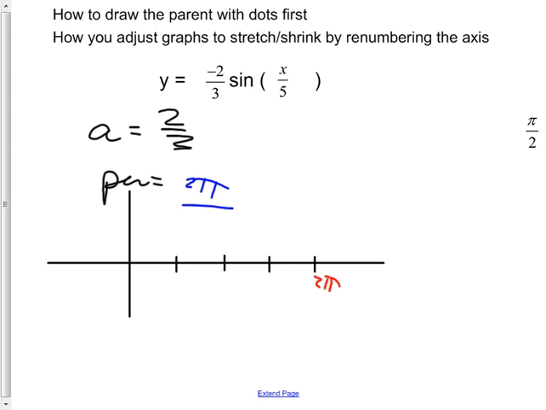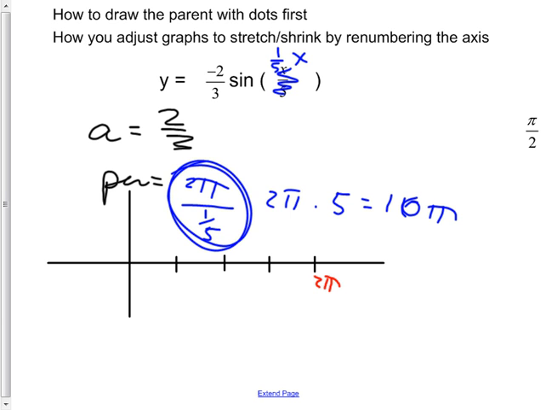2 pi over what? Over 1/5. Do you get how this is like a 1/5 x right here? It's the same exact thing as x over 5. So then the period is 2 pi over 1/5, which is the same as 2 pi times 5, which would be 10 pi.